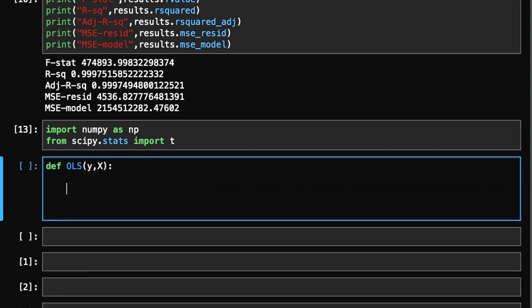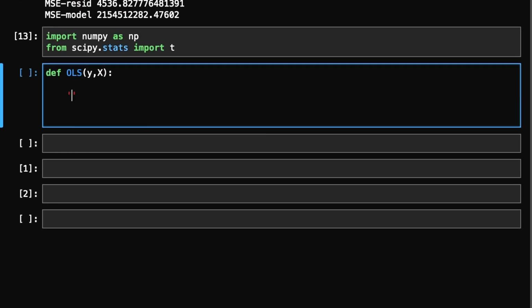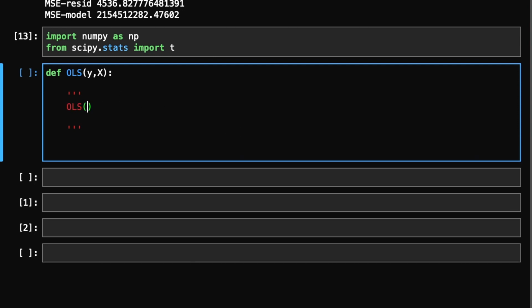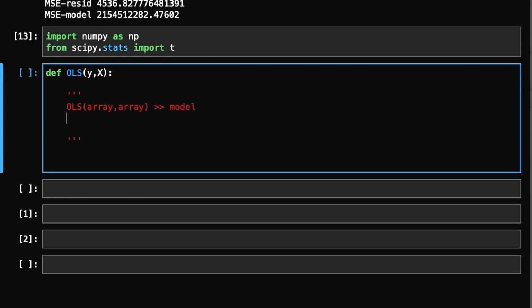It's always good practice to write some description about our function. Maybe I want it to look like this. It takes two arrays as an input and gives a model as an output.